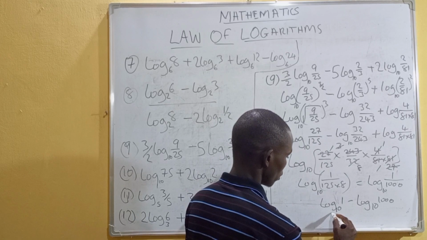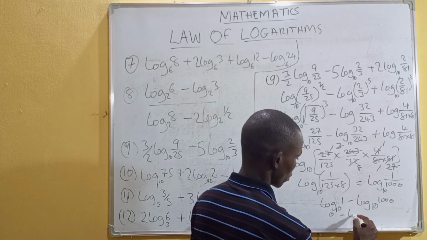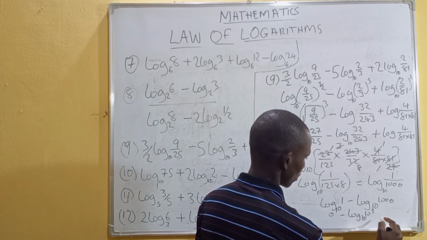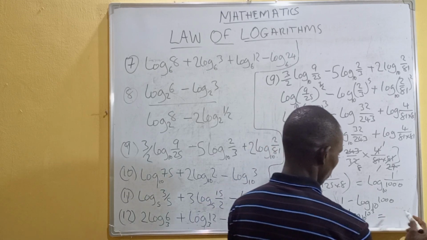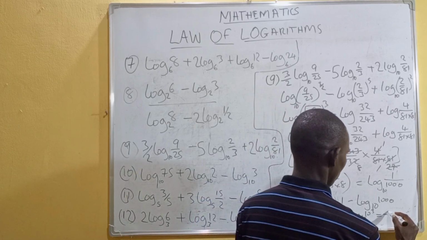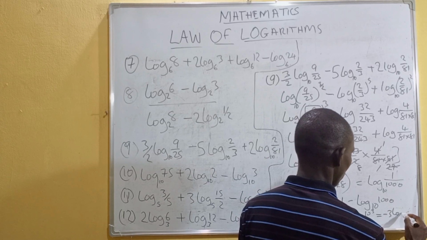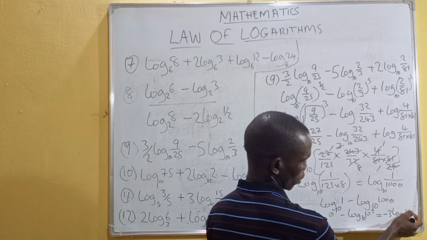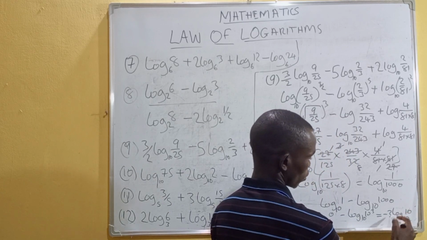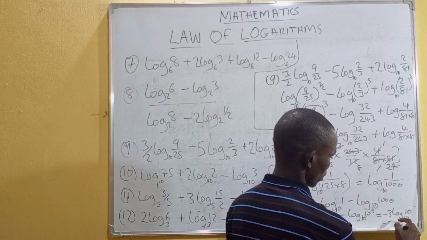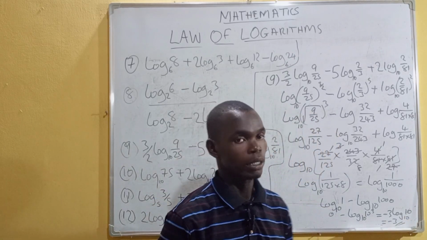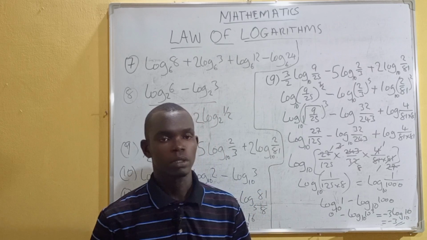So here it will now be 0 minus log base 10 of 10 raised to power 3, which is equal to minus 3 log of 10 base 10. Log of 10 to base 10 is equal to 1. So our answer will now be minus 3. So that is that for question 9.